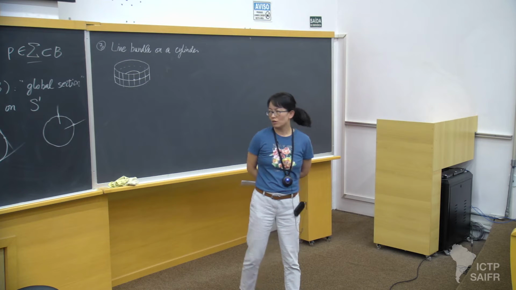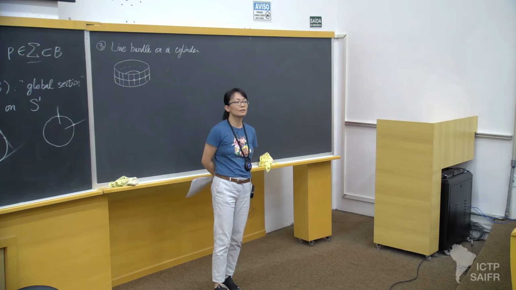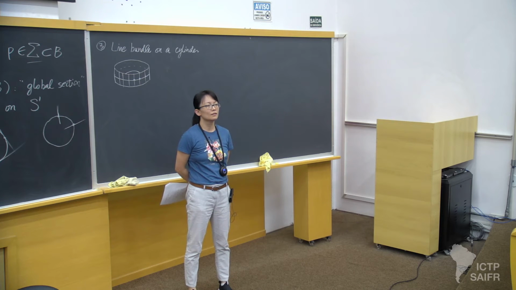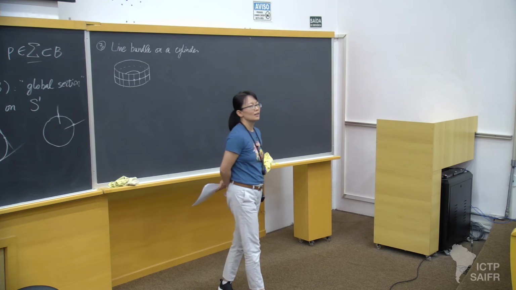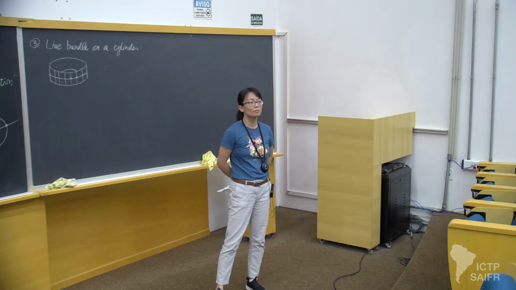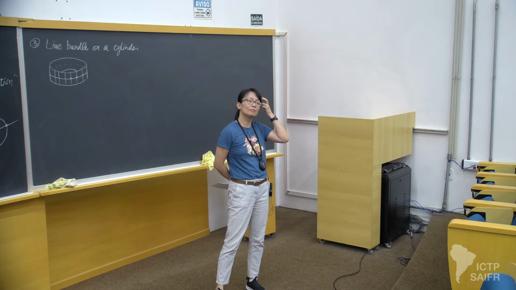If you grow each fiber perpendicular to the circle, then you get the cylinder.